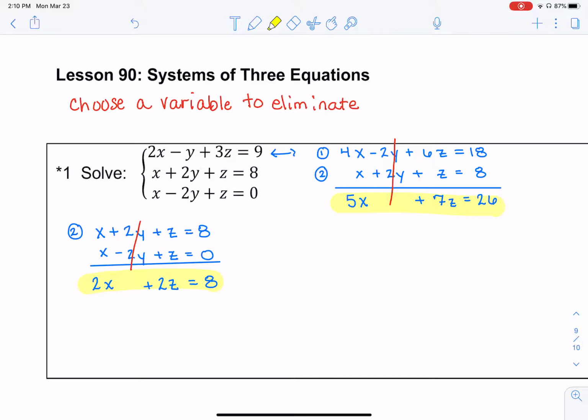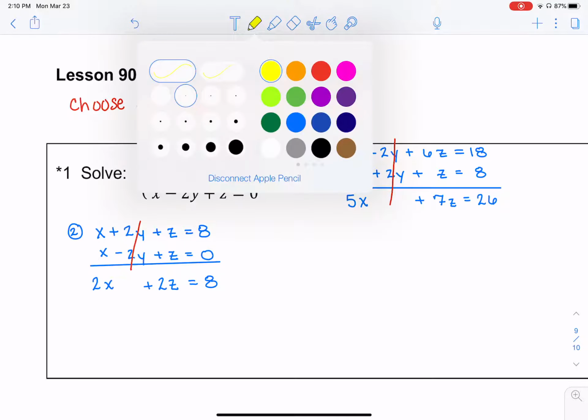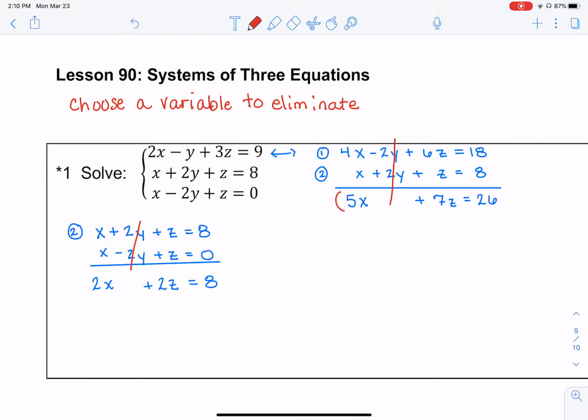And I think I'm going to go ahead and try to cancel out my x's. If I multiply this equation by a 2, this equation by, let's say, a negative 5, then I'll end up with a 10x or a negative 10x, and they will cancel.